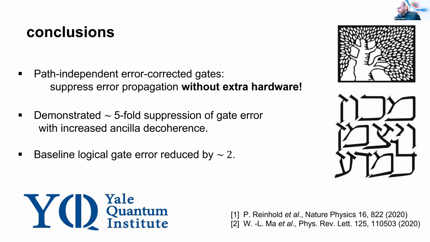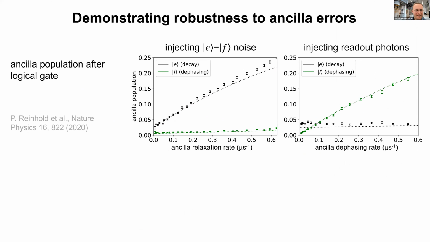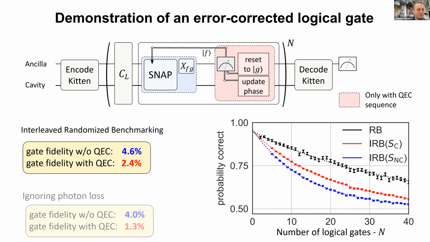The second question we have is, when you do the GF snap operation, are you not doing a 2π rotation on the G2 F2? And why does a successful gate lead to the ancilla being in the F state and not the G state? To answer the first question, the π phase from a 2π gate only comes if you do a full Rabi oscillation. But we don't do a full Rabi oscillation.